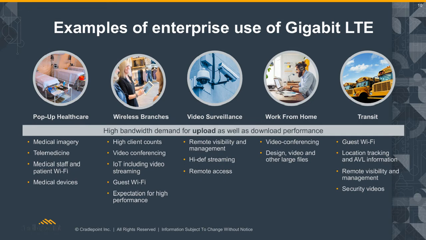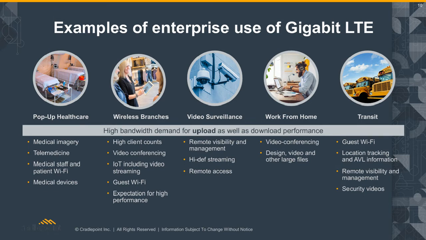So you have patient use of Wi-Fi while they're waiting, and then you've got multiple medical devices. If any of you have been in the clinic or hospital lately, you know that almost all of the medical devices, the monitoring equipment, and everything else is connected either via Ethernet or Wi-Fi and is often monitored externally. So that's a lot of data going back and forth. And again, in a lot of cases, these were in clinics that were set up in parks and parking lots. So they relied 100% on Gigabit LTE for that connectivity.